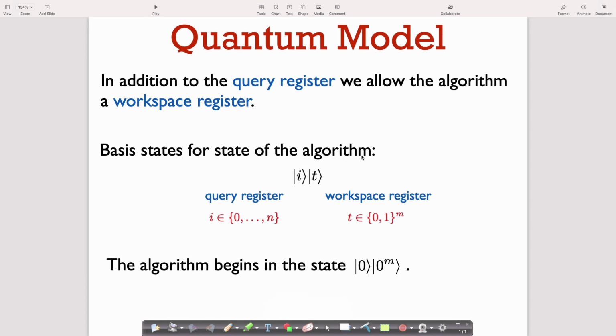These are going to be the basis states for our algorithm. So you have your query register and your workspace register. We always assume that the algorithm begins in the state where everything is initialized to 0. So both the query register and the workspace register are initialized to the all-0 string.